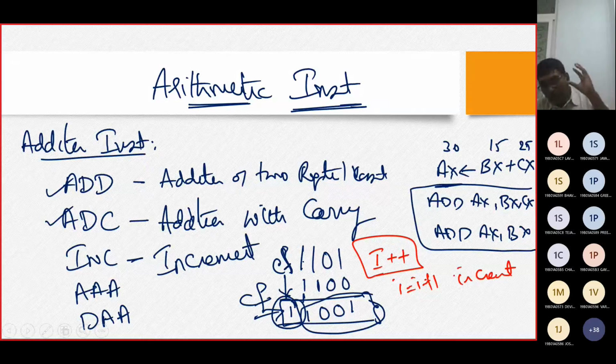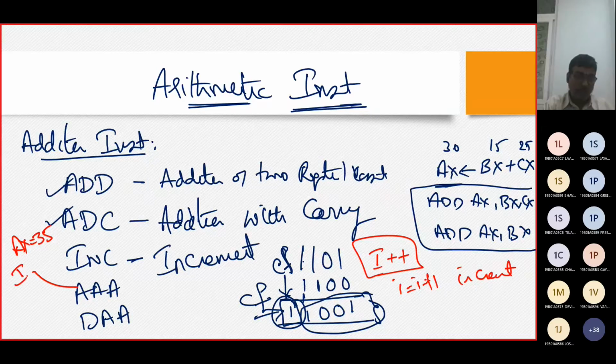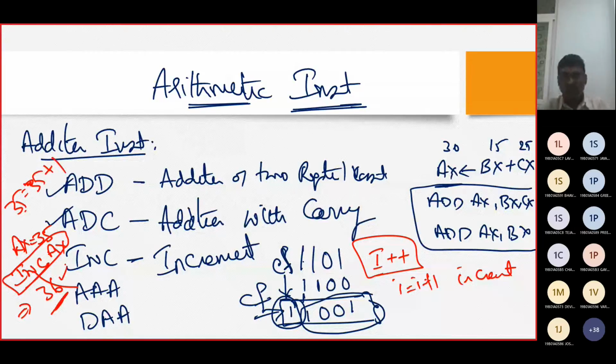Now I am going to say AX equals 35, and then I will write increment of AX. So the answer will be 36. Why was this answer 36? Because I mentioned increment of AX, that is 35 equals 35 plus 1. So obviously one value was incremented like I++.